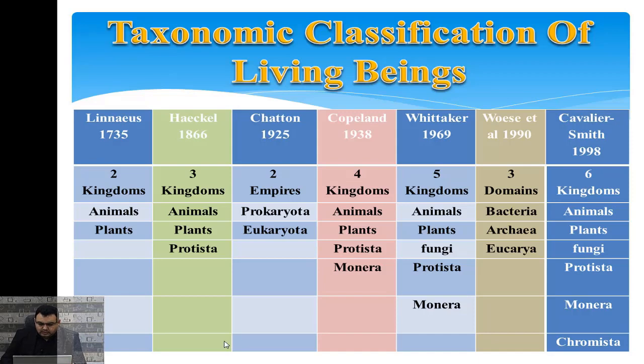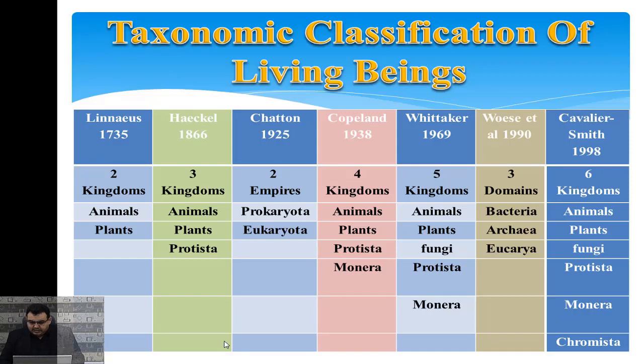Chatton in 1925, two empires: prokaryote and eukaryote. Copeland in 1938, four kingdoms: animals, plants, protista, and monera. Whittaker in 1969, five kingdoms: animals, plants, fungi, protista, and monera.